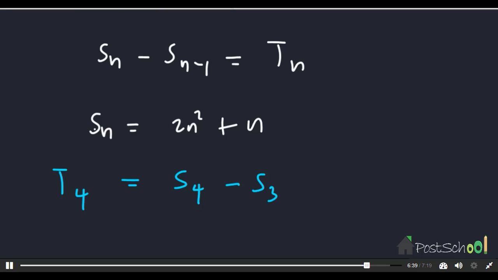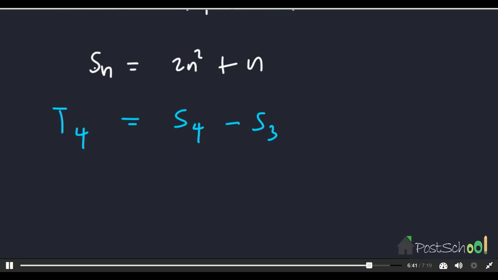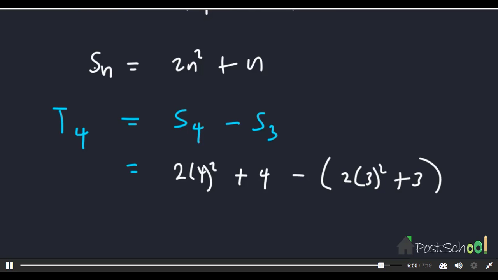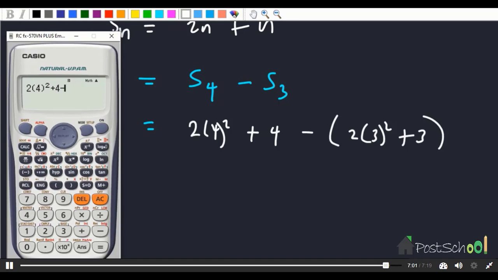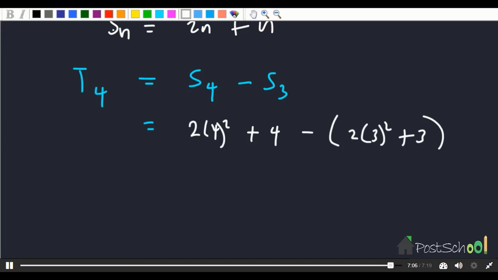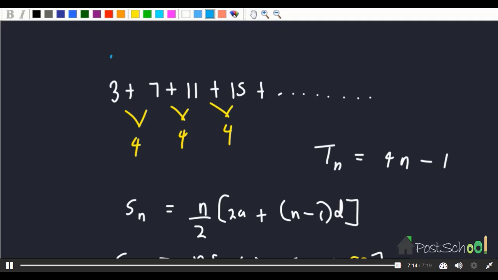That's just substituting 2 times 4 squared plus 4 minus 2 times 3 squared plus 3. This is S4, this is S3. Which is going to be 15. Let's compare to T4 from our series: 1, 2, 3, 4, indeed that is equal to 15.